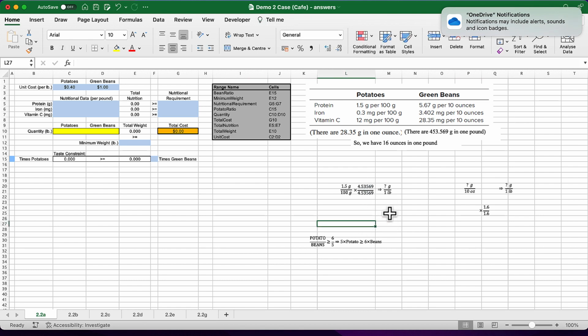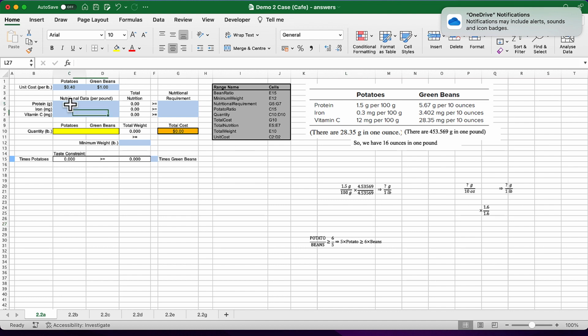So then in this way, I can actually look at what's the contribution of potato for protein from a pound perspective. All right, so all I need you to do is just to focus on the denominator, because just to recall that 100 grams times 4.53569 will give you 1 pound. All right, so that's how you actually make the conversion.